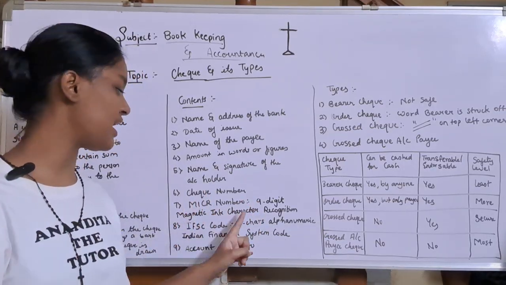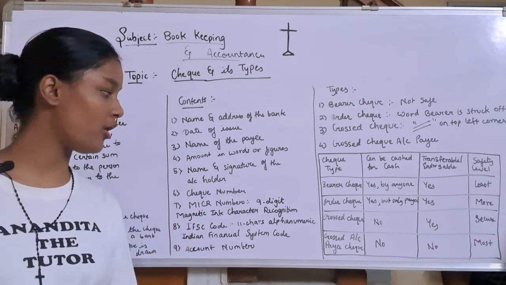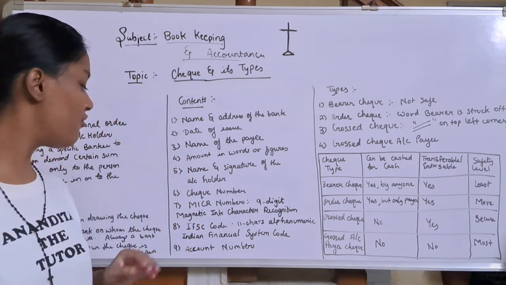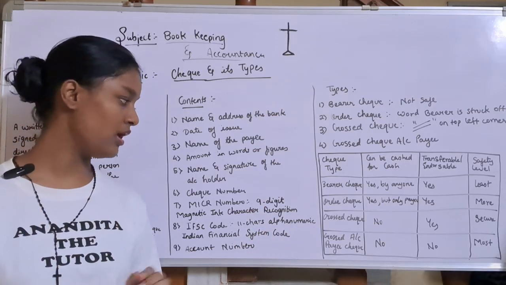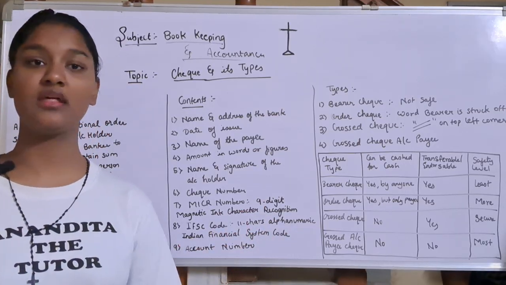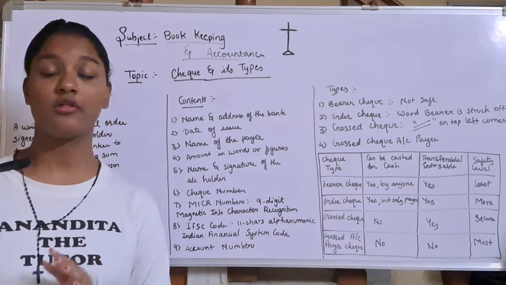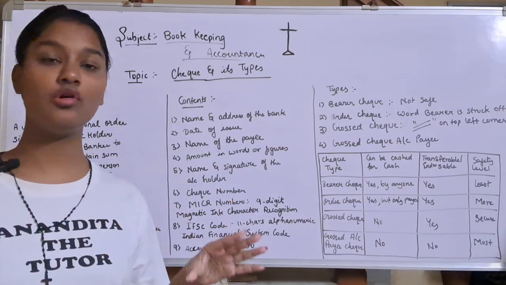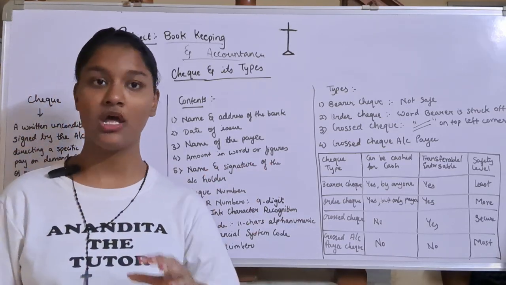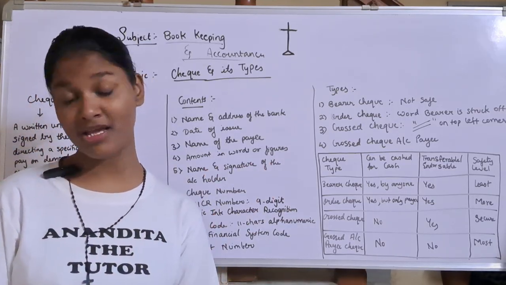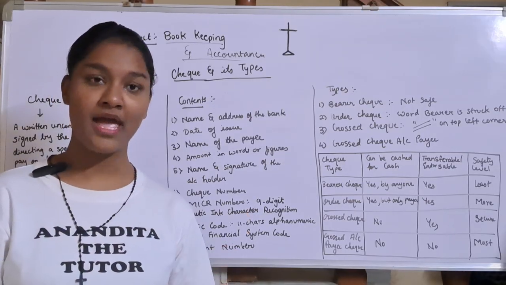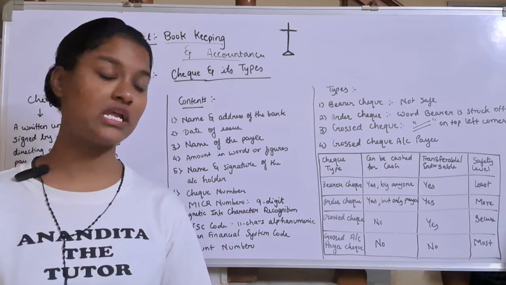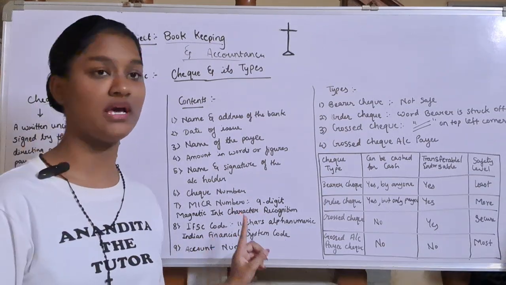Then the MICR number is also there. So what is the MICR number? The full form is Magnetic Ink Character Recognition, and it is a 9-digit number. It is printed on the check. When you go to a bank with that check, the scanning of the check is done. All the information of the bank and the account holder is recorded in this MICR number.